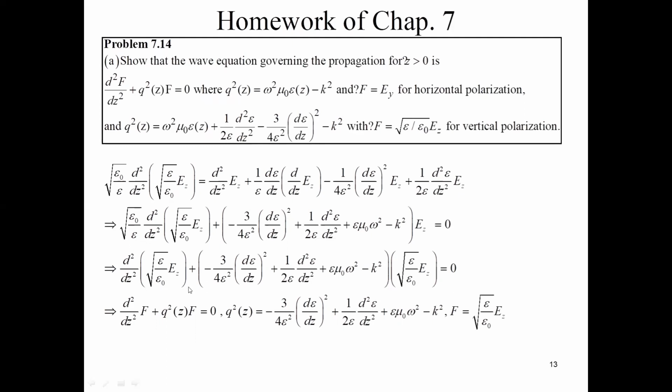Then this equation also fits the wave equation for F. It is just a lot of numerical calculation, so you can derive it by yourself once, then you will know all the details.